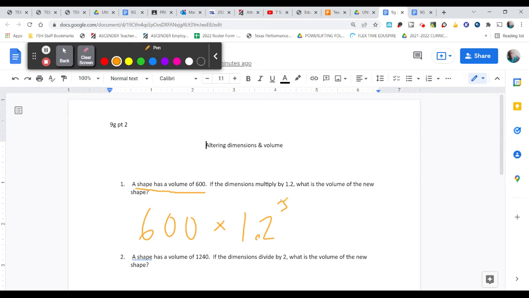So 600 times 1.2 times another 1.2 times another 1.2 is going to give us our answer. 1036.8. Okay, I'll trust you on that. Everybody just make sure that we are correct. We are? Okay.